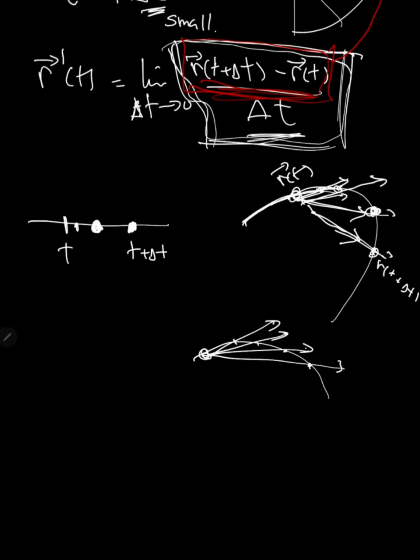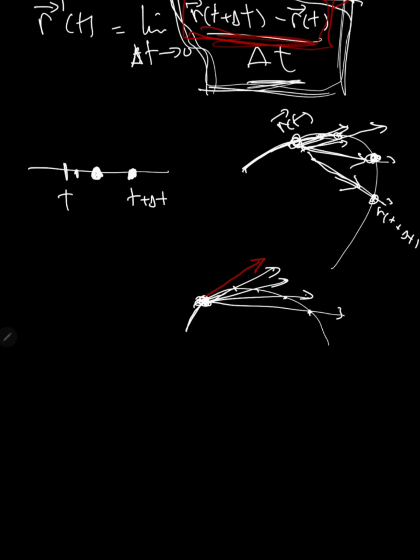As the second point gets closer and closer to my base point, the arrows are getting closer and closer to this guy right there, that guy being tangent to my curve. And again, tangent, same idea as tangent from one variable calculus, where you basically just think of it as this arrow just touching my curve at the point of interest.